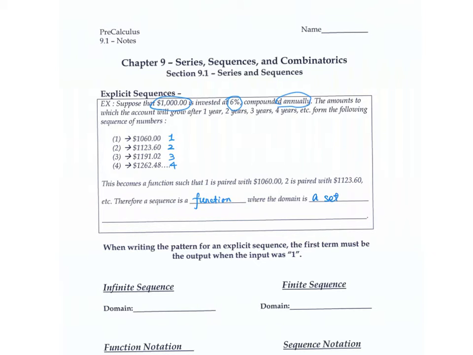So the x value is a set, that's an important word, a set of consecutive positive integers beginning, oops, I cannot spell, with the number 1.